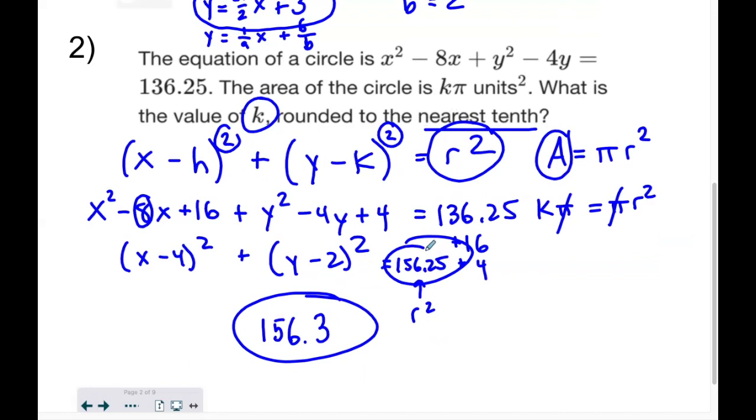So the five makes the two go to a three. They asked that because when you type it in the open-ended questions on the digital SAT, they only let you use five characters. So this would have been too many. That's why we only used one, two, three, four, five. They only let you use five characters on open-ended questions.